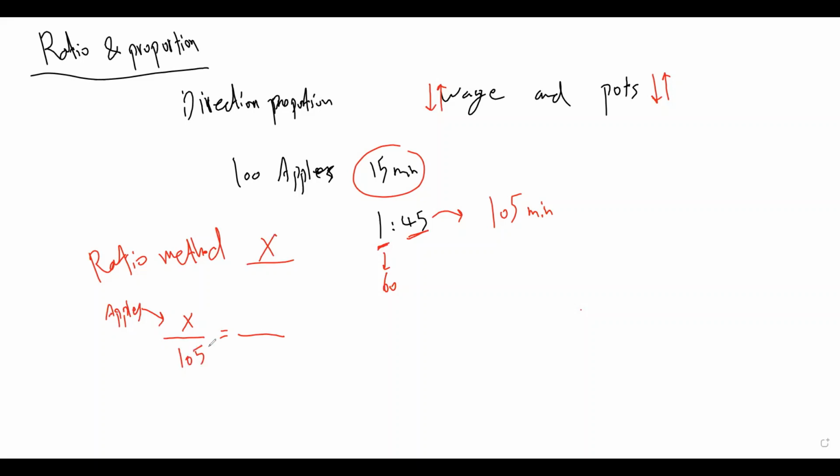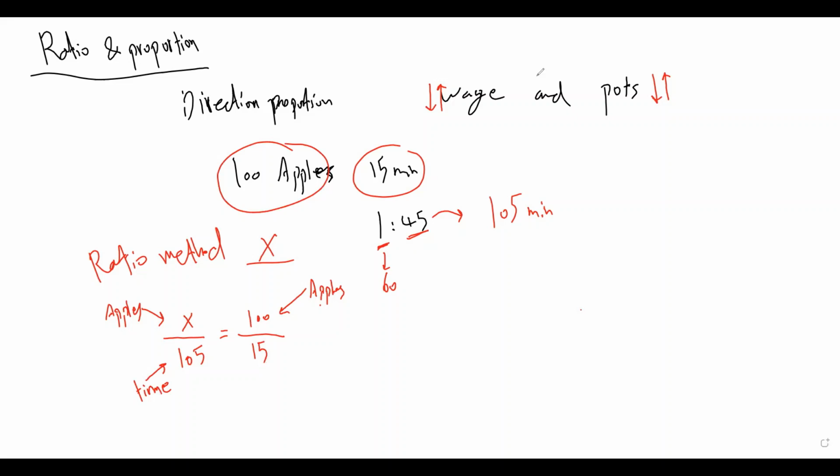On the other side, you should do the same thing. It's not really difficult, no need to get yourself confused. Just make sure that in the numerator on the other side, you put the number of apples as well, which is 100, and 100 apples are picked in 15 minutes.